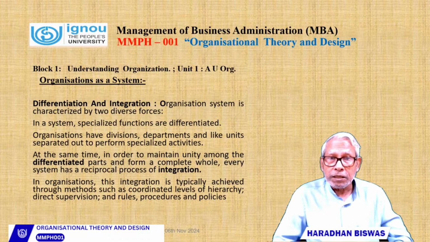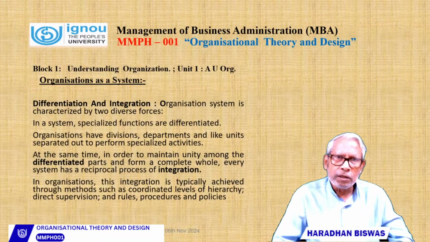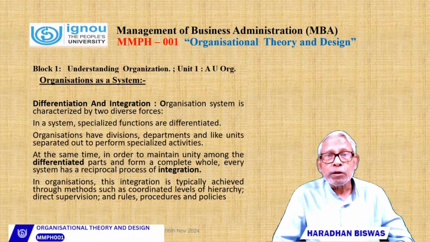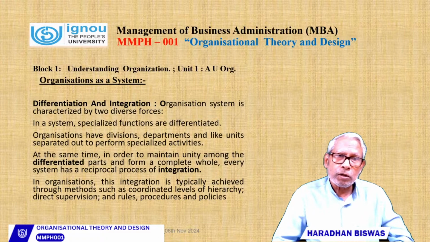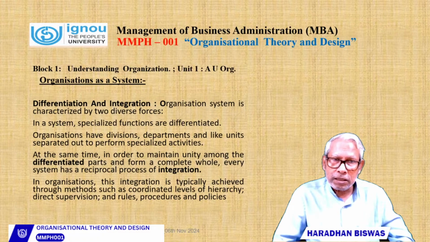For example, R&D. Those units are specialized departments where they are doing innovation work, training and development, how to create new products. So highly skilled people are working there. It's a specialized activity and they have to perform it.